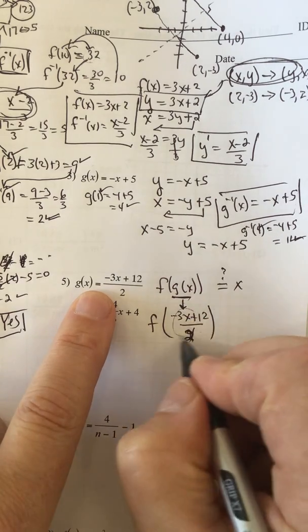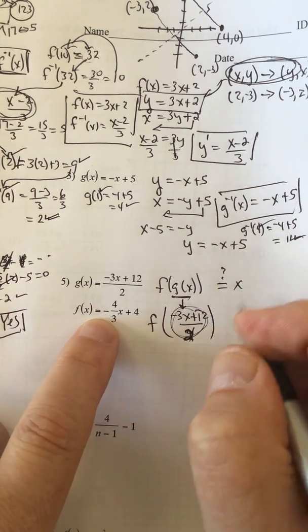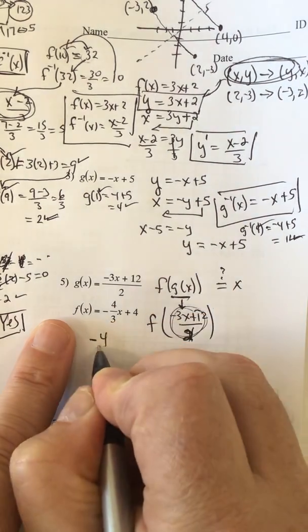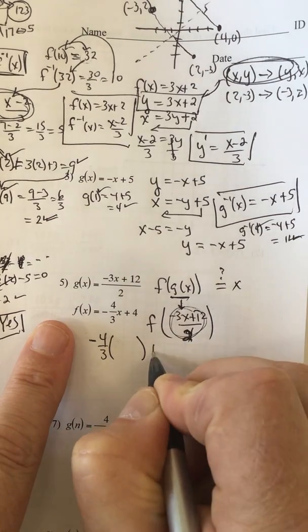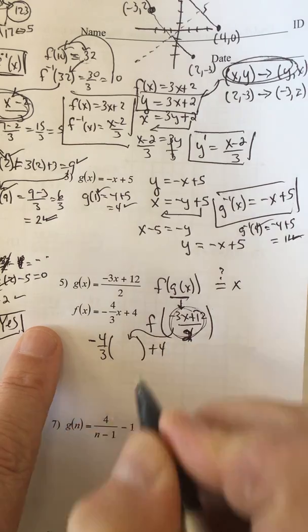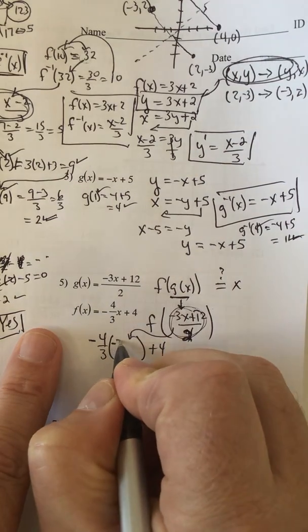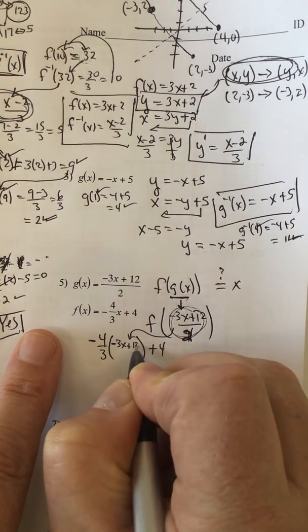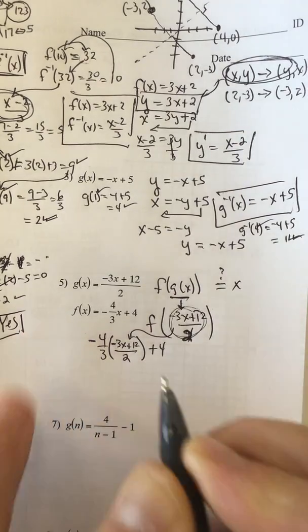Okay, so it wants me to put all of this into f. Okay, f is negative 4/3 times whatever plus 4. And all of this goes in there. So this goes in there as a negative 3x plus 12 over 2.